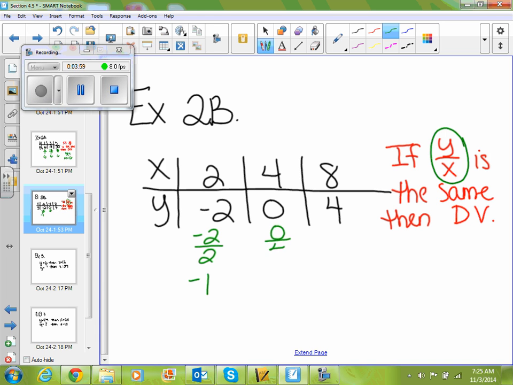Y over x for my second value gives me 0 over 4. And 0 divided by 4 is 0. And then y over x for my third value gives me 4 over 8, which is 1/2 or 0.5. So since those are not the same values, then we say that it's not a direct variation.